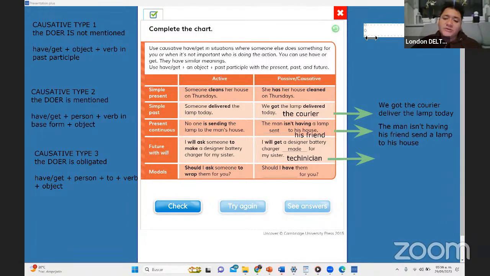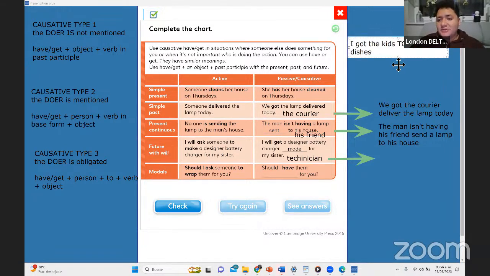Okay, so let's see, the sentence will be something like, I got the kids, or I had the kids, y aquí vamos a utilizar to, to wash the dishes. Why? Because this could indicate that they were obligated, a ellos se les obligó.